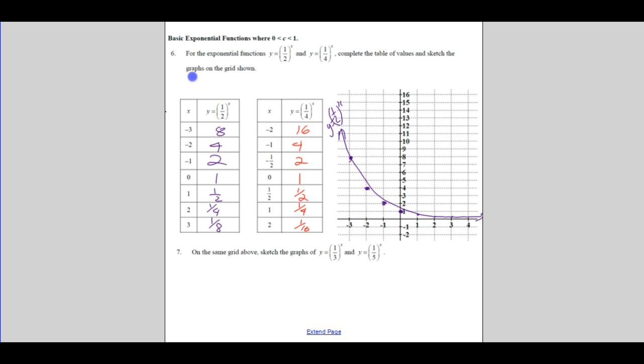Okay, then we'll plot the red graph. So at -2, it's +16. And at -1, it's 4. And it goes down pretty quick.